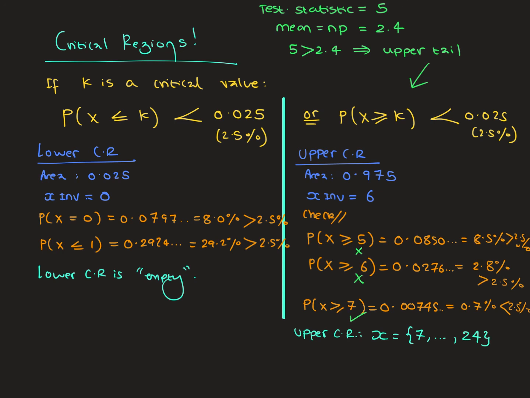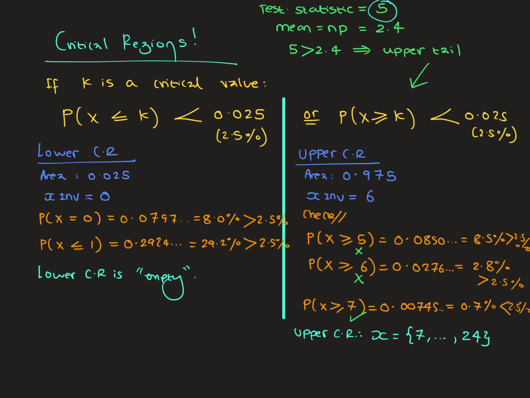Now again, for our hypothesis test, we look at our test statistic, which was 5. It does not fall into the critical region, so we don't have a significant result, and then the conclusion can follow from there as normal. It's a lot more work to find critical regions for a two-tailed test because you've got a lower critical region and an upper critical region.